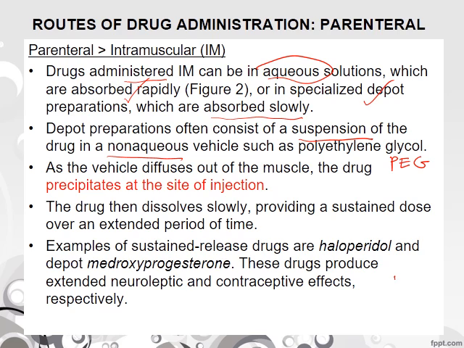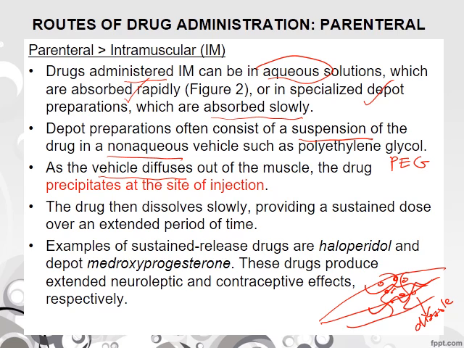So when you have the drug and the polyethylene glycol injected into the muscle, once the vehicle reaches your muscle, it will dissolve and slowly diffuse out from the muscle, and you will have the drug precipitate at the site of action, which is the muscle.